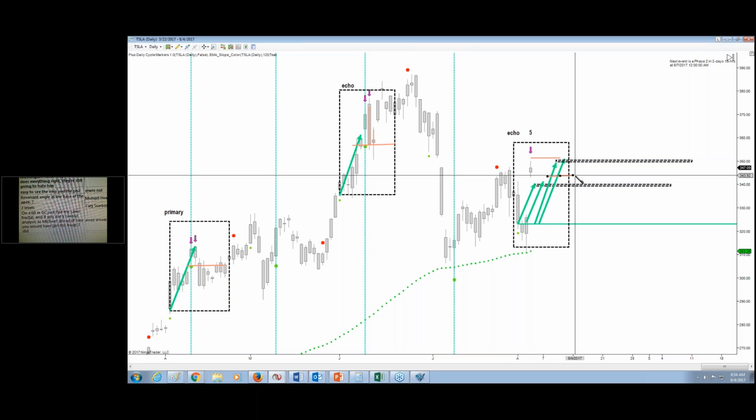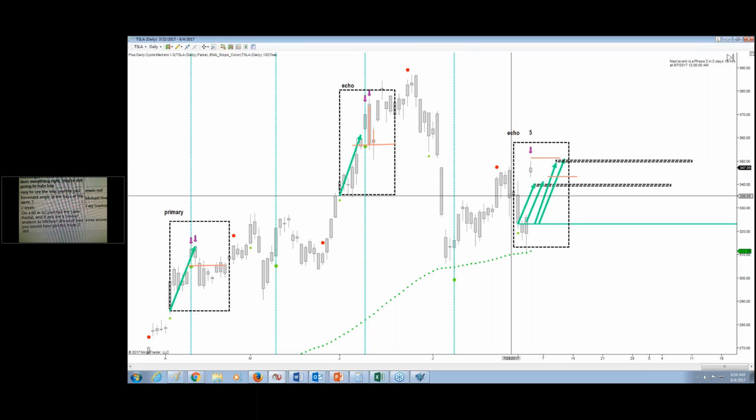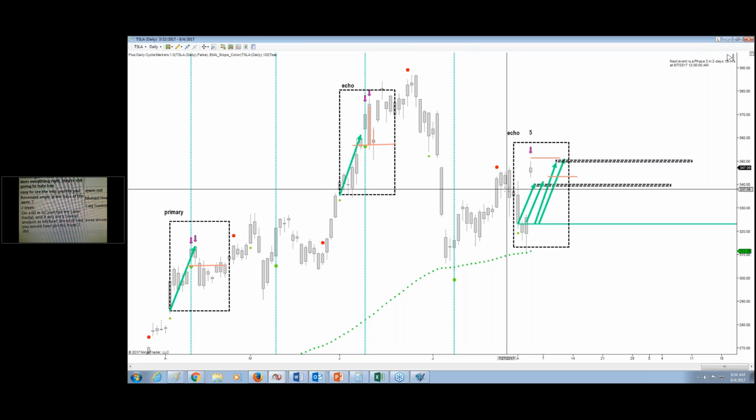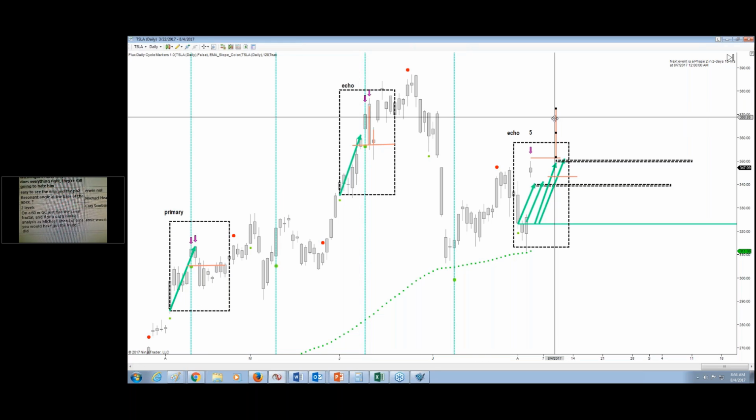So Tesla right here is going to be between 340 and 350. But it either stops here or it can go another this amount above.